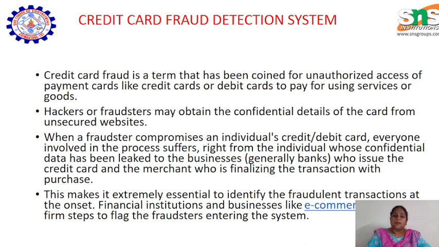They might take the information either from the merchant or during the transaction with the purchase that we might be doing through websites. This is very essential: we have to identify the fraudulent transaction at the onset.